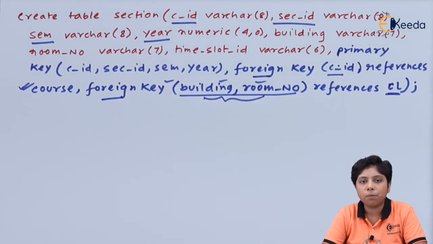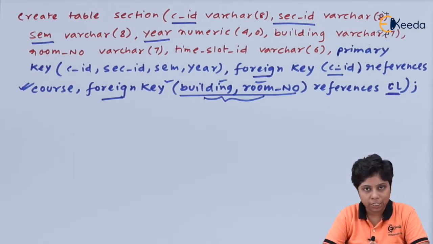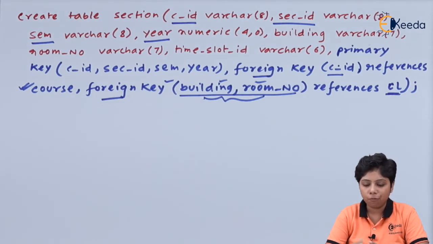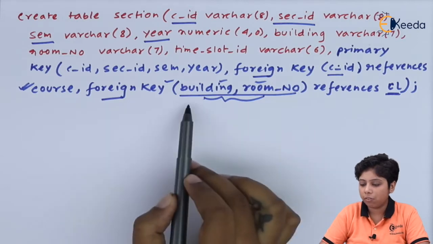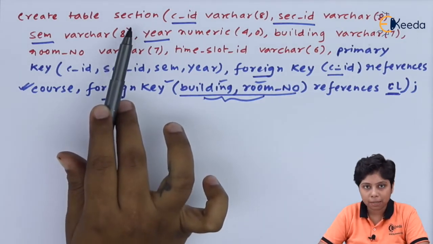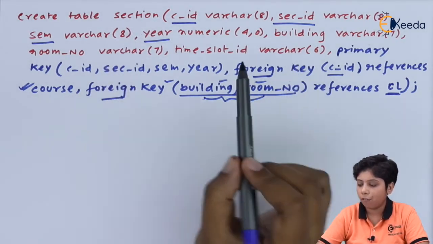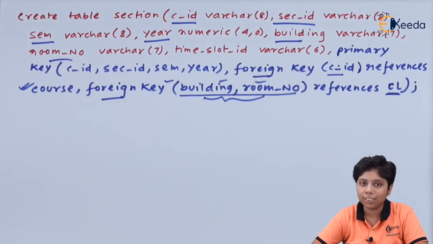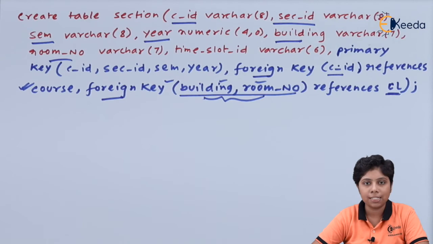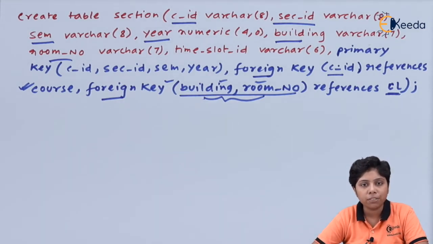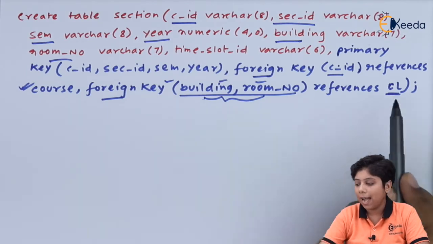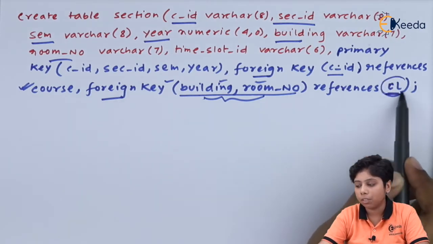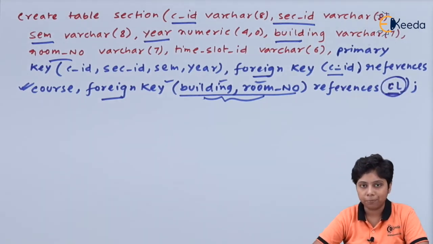Now, when we talk about referential integrity, we need to keep in mind two things. If this is a referential integrity, then for deleting something from section, say a building number or a room number, we cannot delete it until the particular tuple or record or attributes that we are referring to has been deleted from the referring relation.